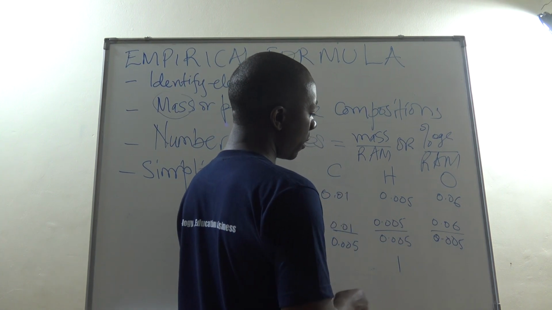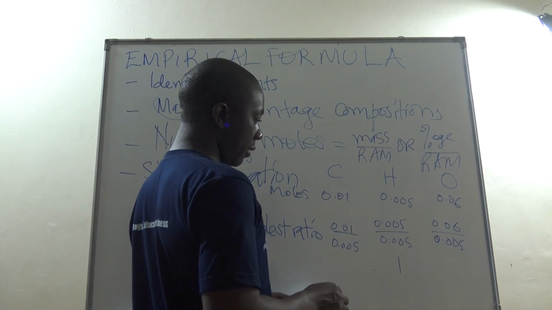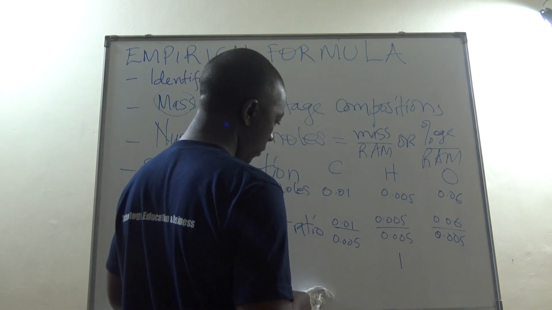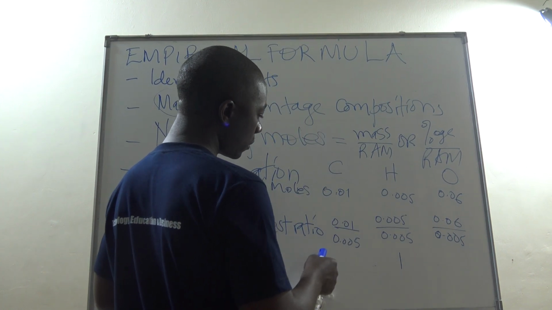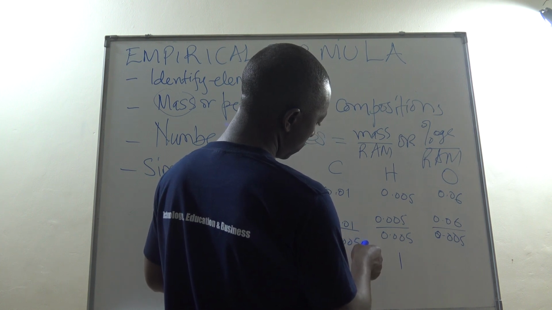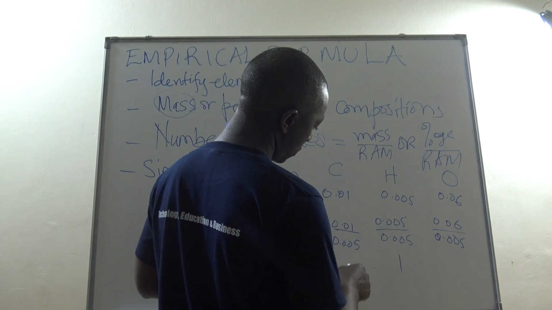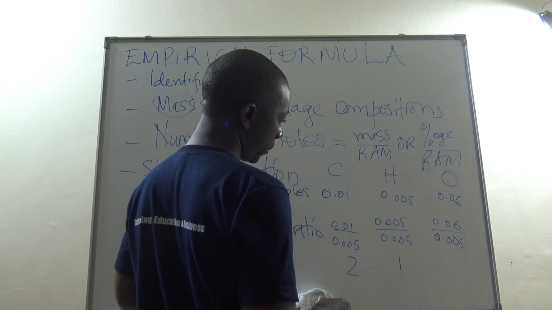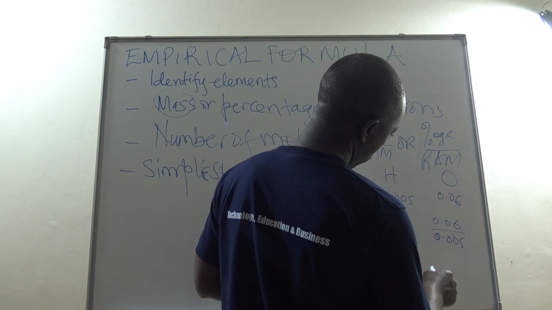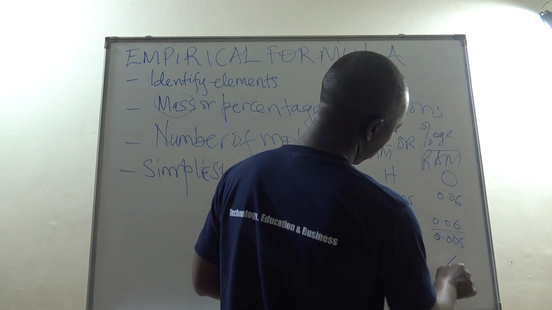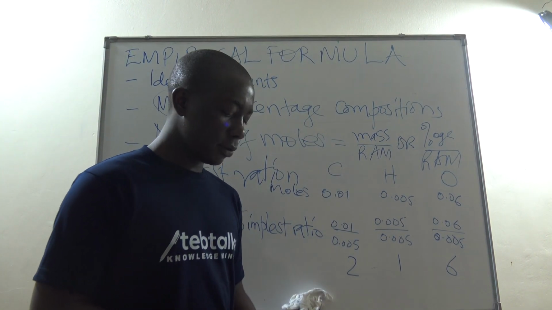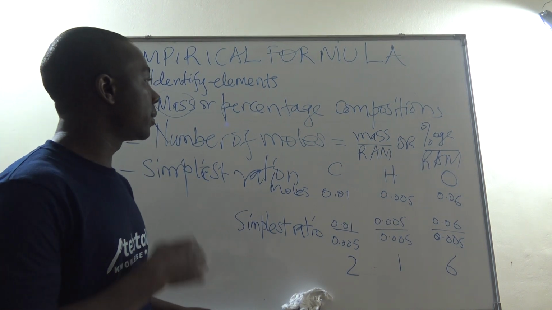This would definitely give me 1 here, and when I divide here, I will get 2. I'll get 6 here. So these are my simplest ratios which I've really obtained.